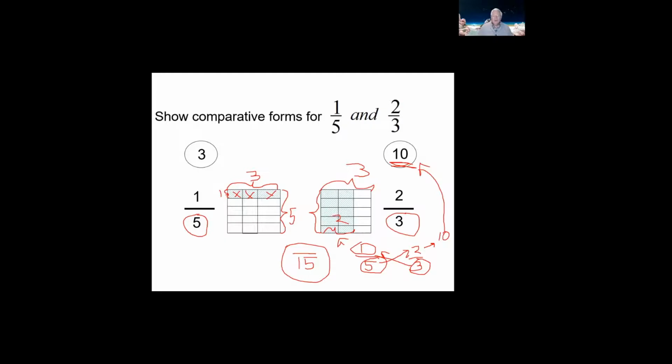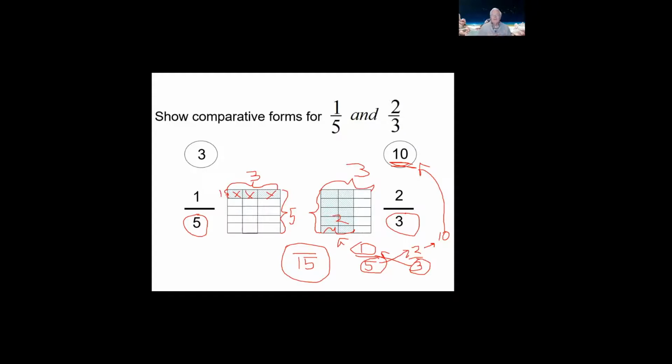And so when we look at this particular model, we'll notice that, yes, it's representative. It shows the comparative forms, and it also models an old process that a lot of people will be familiar with, and that's cross multiplication. I recognize cross multiplication has problems in terms of being taught, but the reason that it has problems is people just learn it as a process.